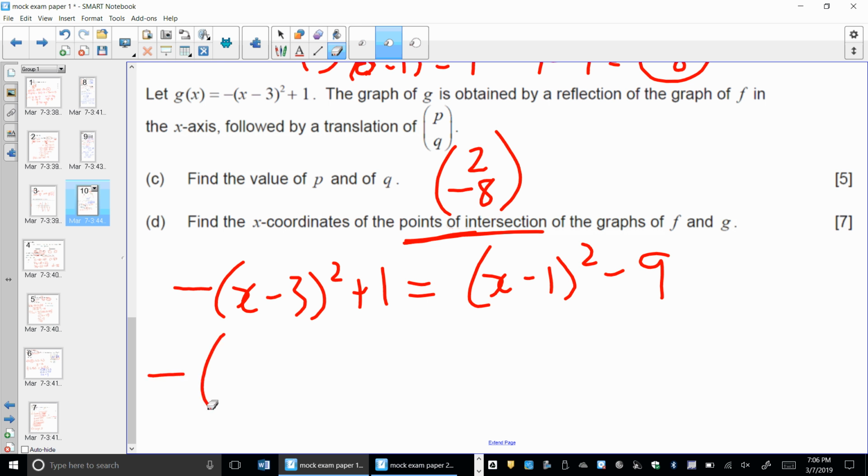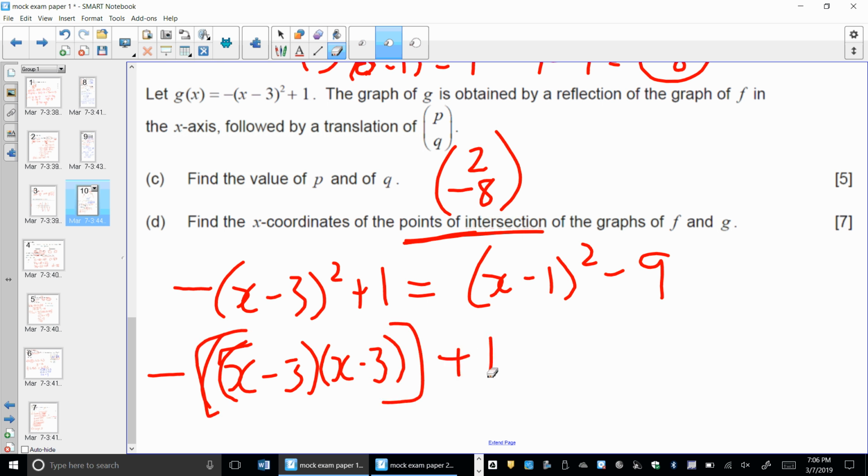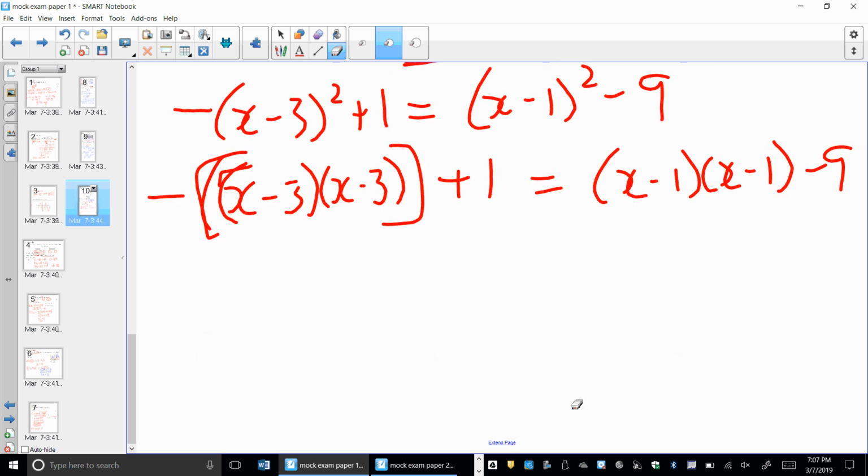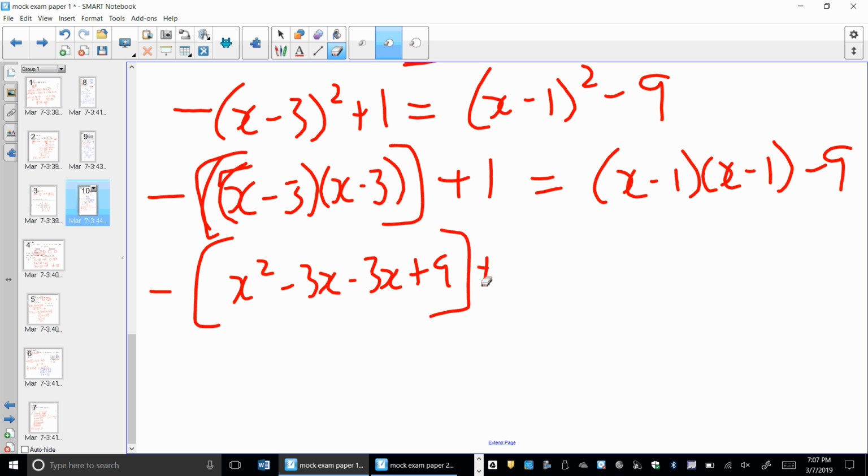So our negative I'm going to leave for now. So we've got x squared minus 3x minus 3x plus 9. X squared minus x plus 1.